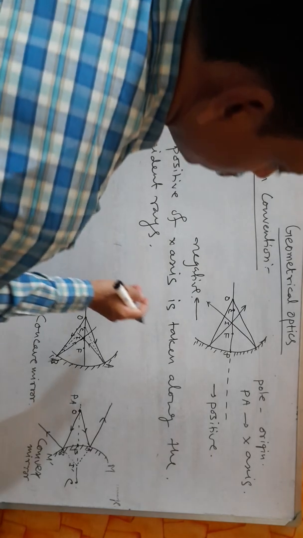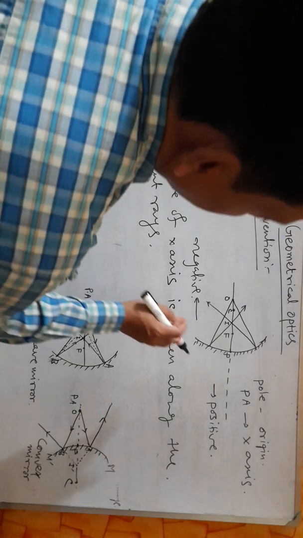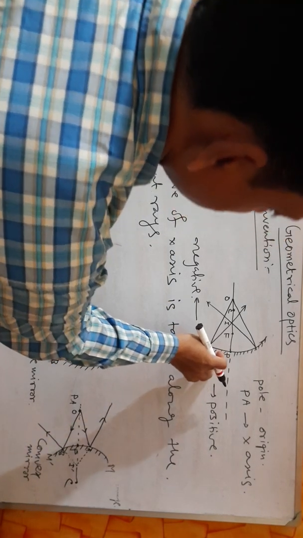So we can say in the sign convention, the pole P is at the origin.